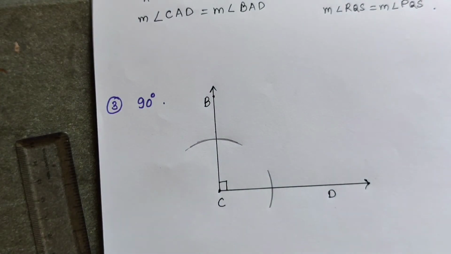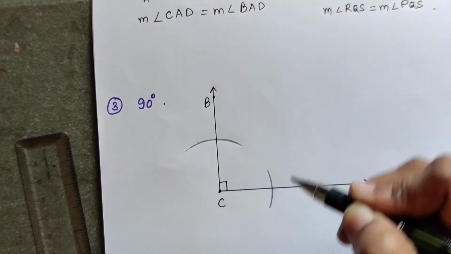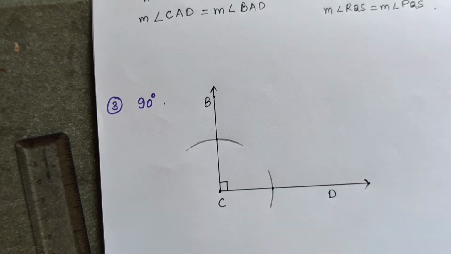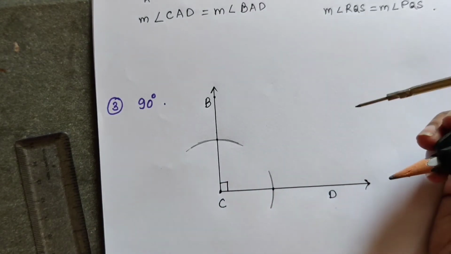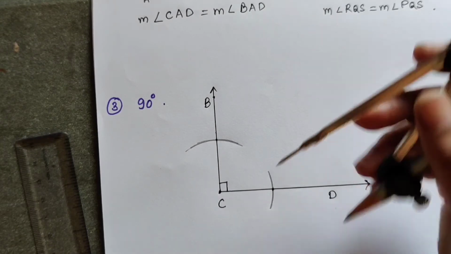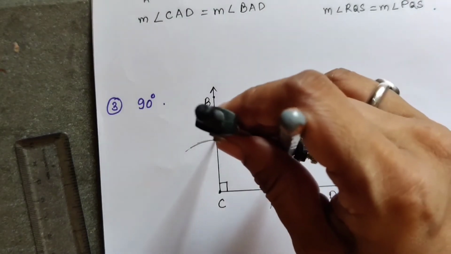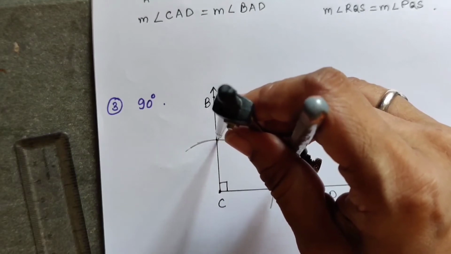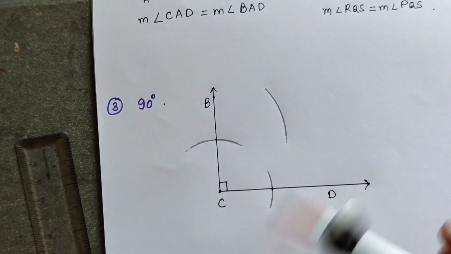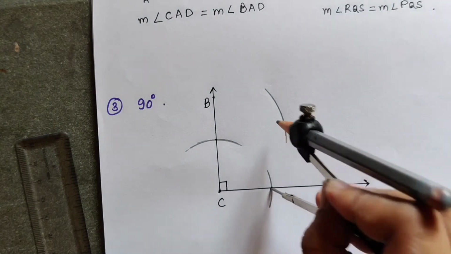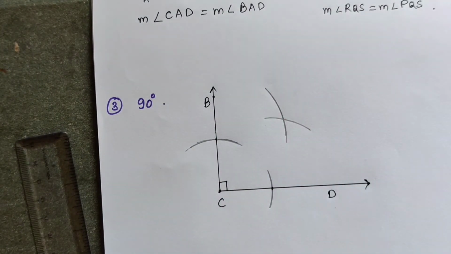In this way we have got 2 points, one on side BC, another on side DC. Now from these 2 points we are going to draw arcs inside our angle. We place this pointer here, place it properly, draw one arc inside the angle, and the second arc should intersect the first arc in this way.